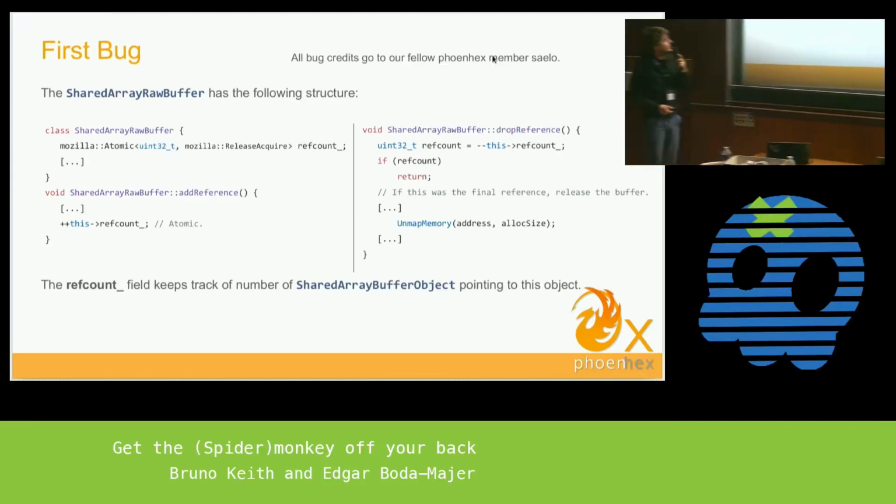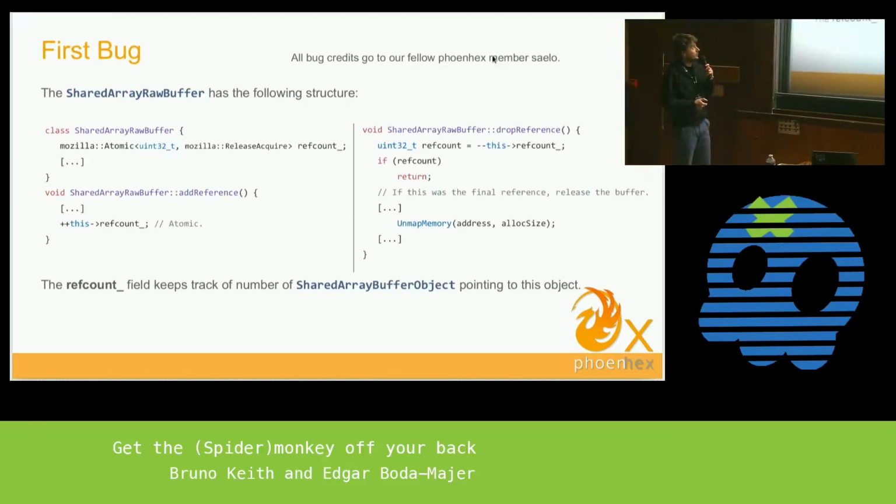So let's look at some of the code of the shared array raw buffer. Since it's raw memory that has several references to it, it keeps a ref count here, and the ref count is basically just a uint32. Each time you send a shared array buffer, it gets copied. Well, the structured clone algorithm will call add reference, which will increment the ref count.